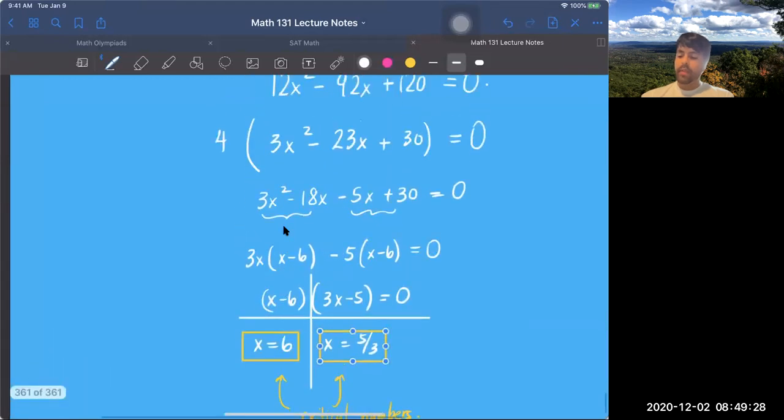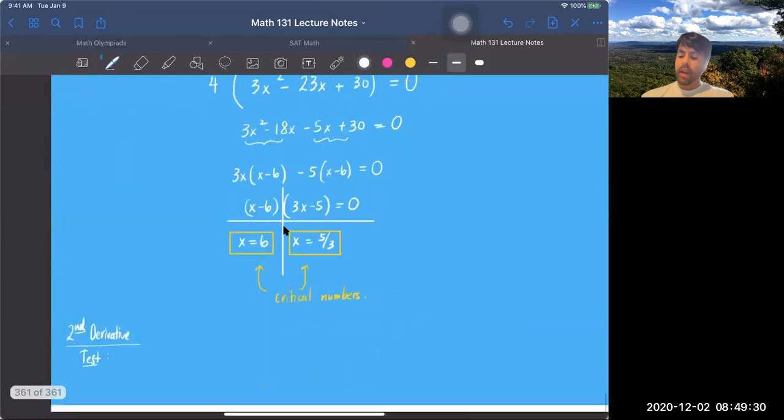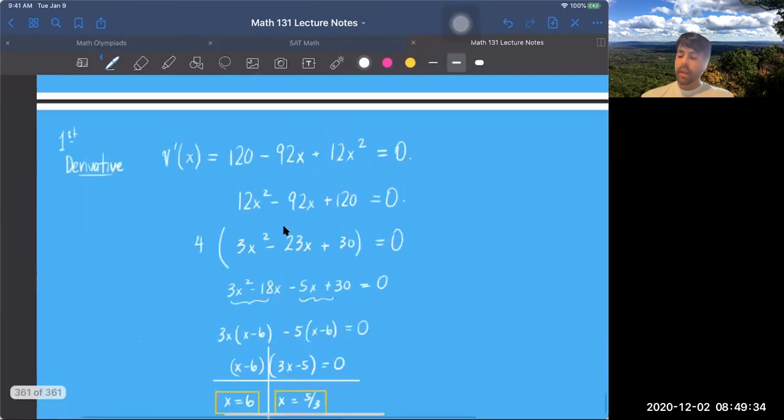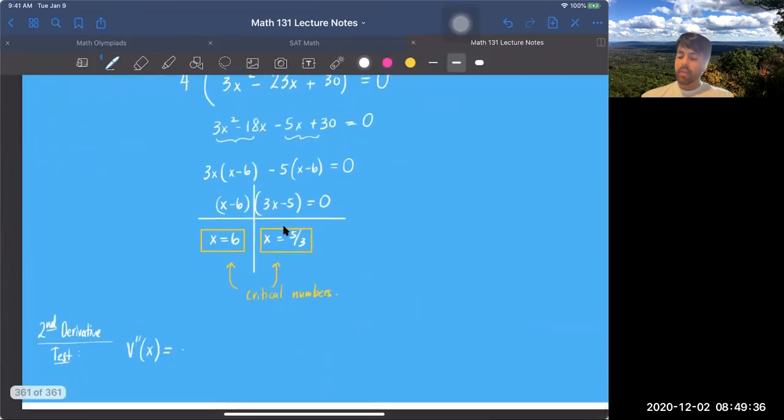What's my second derivative? Well, I could just take the derivative of the first derivative. And I get negative 92 plus 24x. And then I'll plug in 6. And I get negative 92 plus 24 times 6. And what would I get?